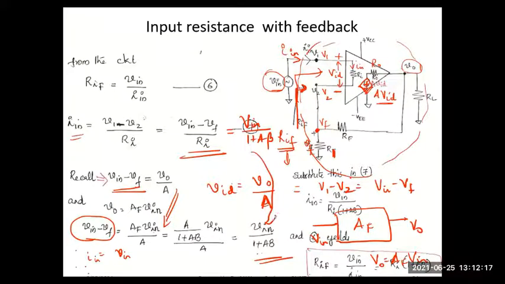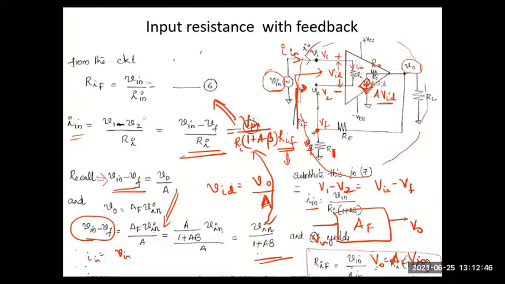By substituting this value for Vin minus Vf, I'm going to get Vin by 1 plus A beta into, there is an Ri here, that Ri I can't leave. I should write it will be Vin by Ri into 1 plus A beta, an expression for Iin. Now, if I take this value and substitute it here, I am going in the reverse direction.